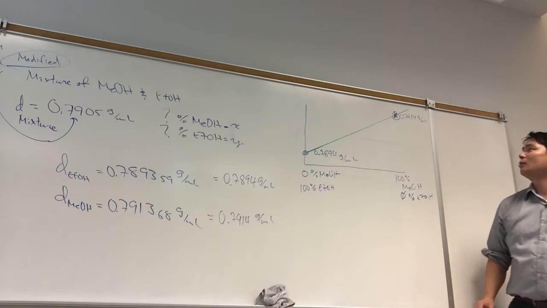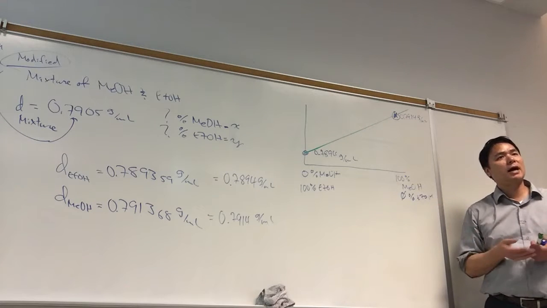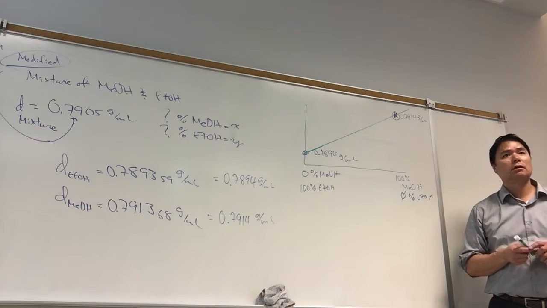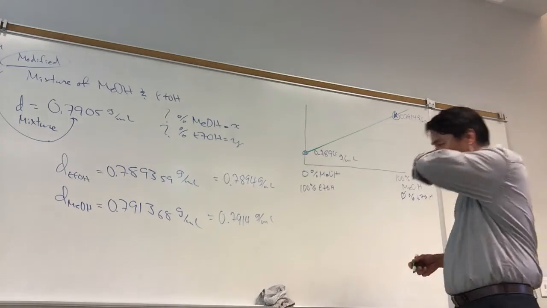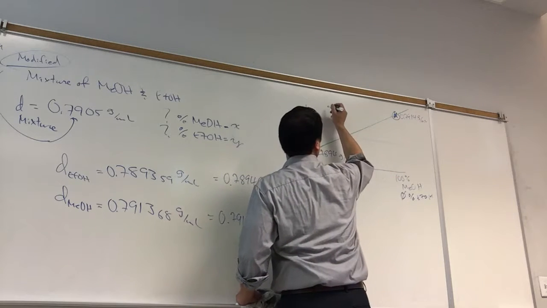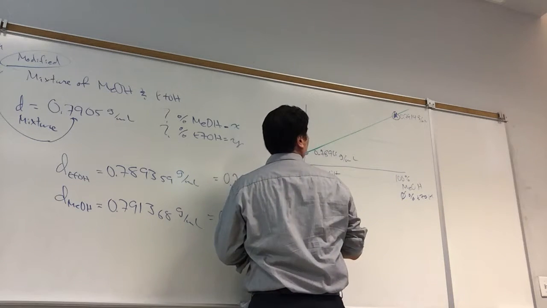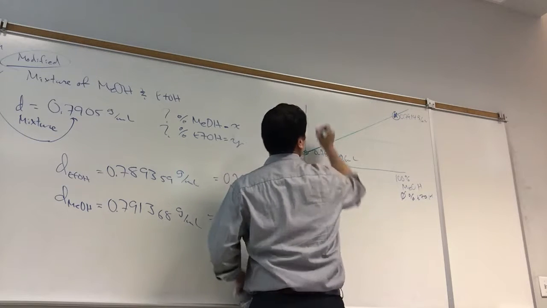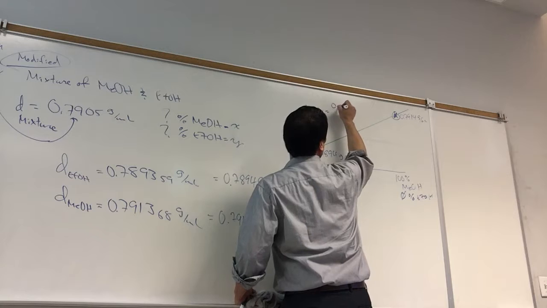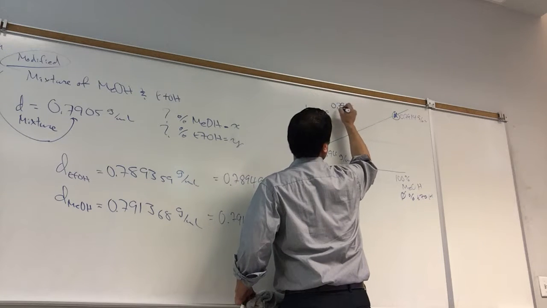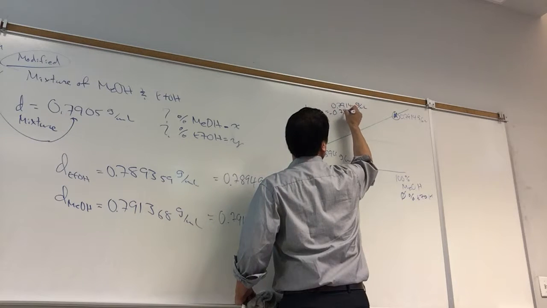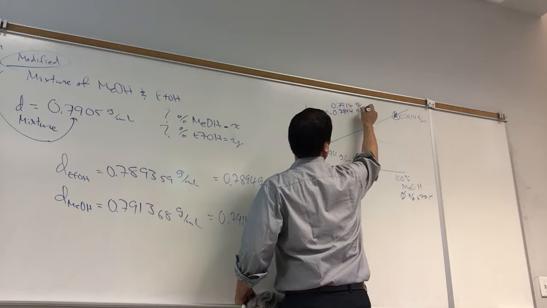Okay. All right, now what do we do? We have the pattern, we see the trend. What do we do? We can calculate the slope, right? Let's go ahead and get our delta y. Delta y is going to be 0.7914 grams per milliliter minus 0.7894 grams per milliliter.